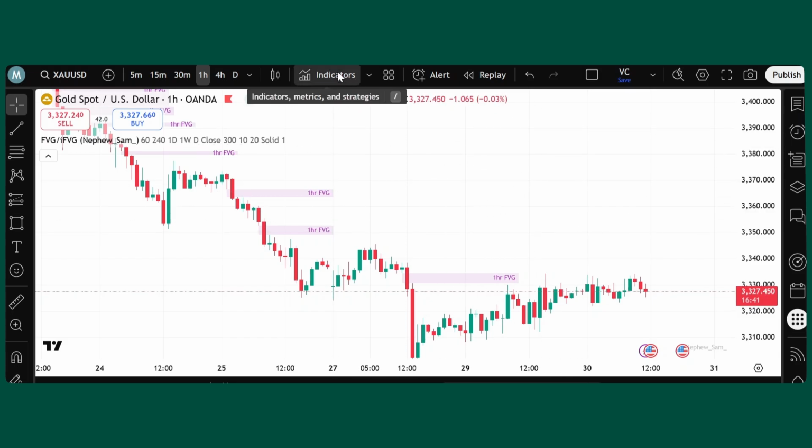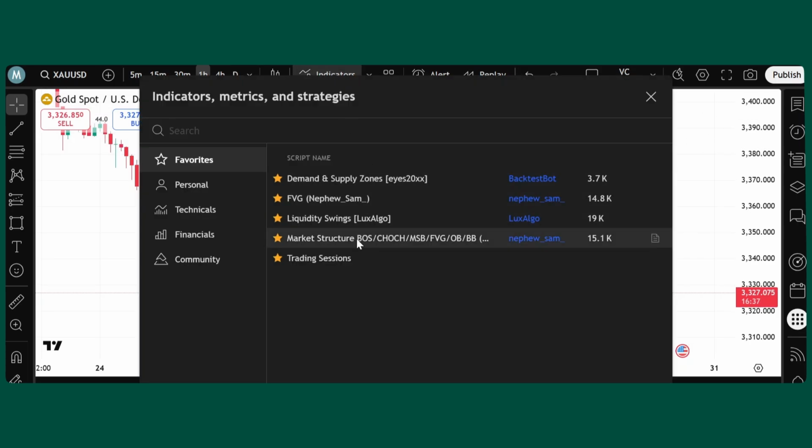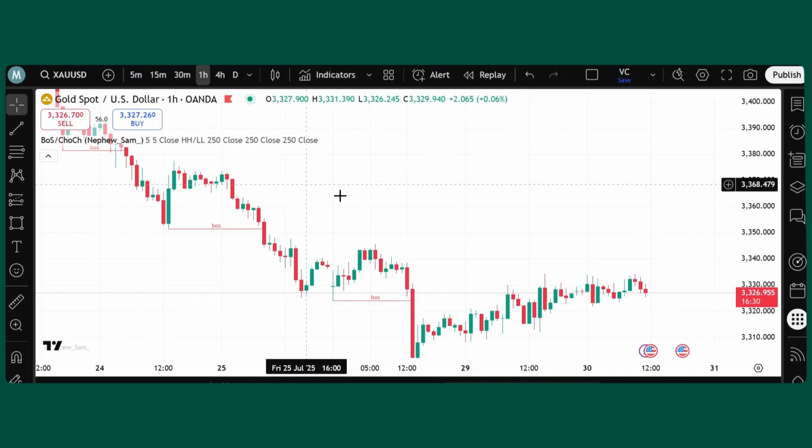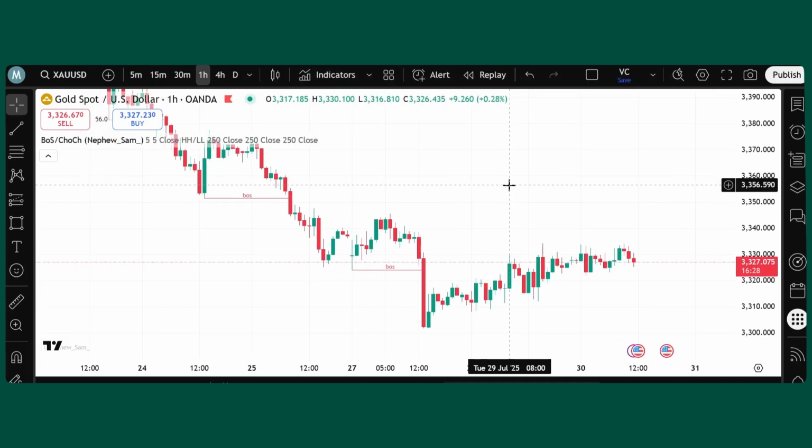So the next indicator I'm going to be talking about is market structure by the same nephew Sam. Market structure simply tells you whether a market is trending or consolidating.